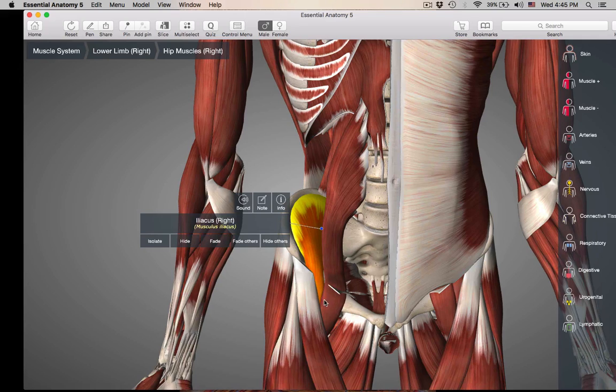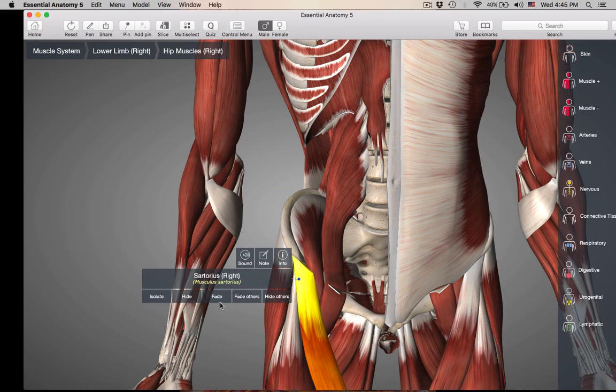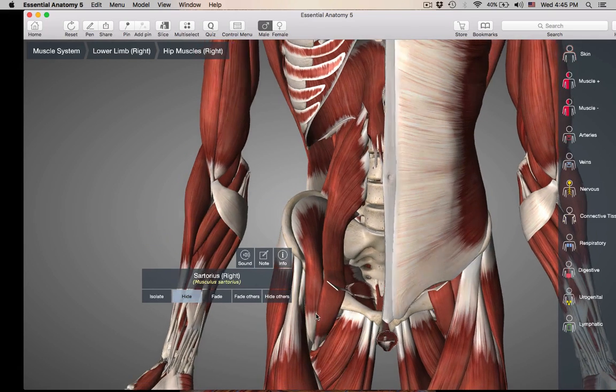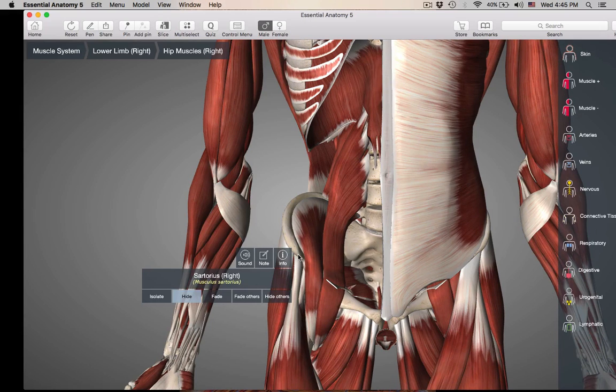So I'm going to take off this muscle. I'm going to hide that muscle. So here we have the inguinal ligament. The psoas major and the iliacus are both coming out right here, and they're both inserting on the lesser trochanter.